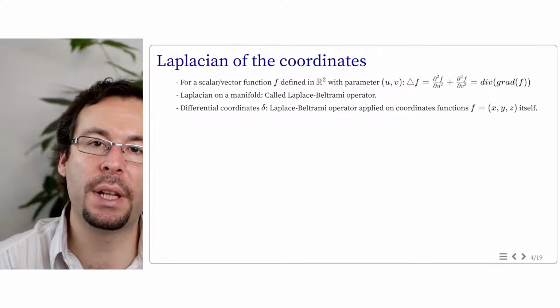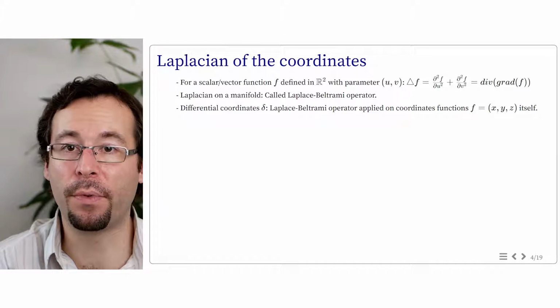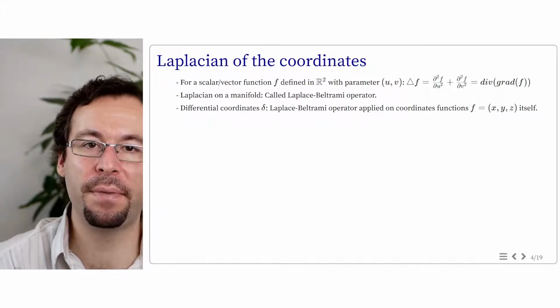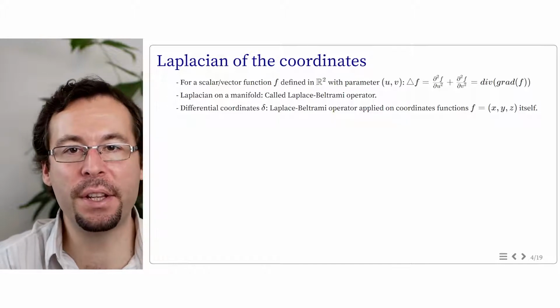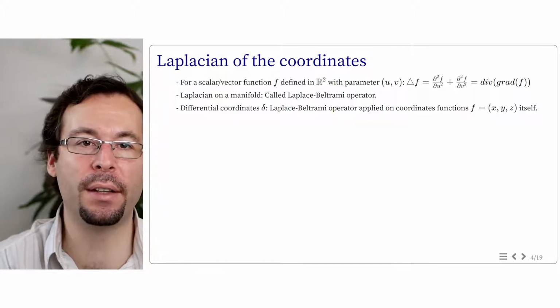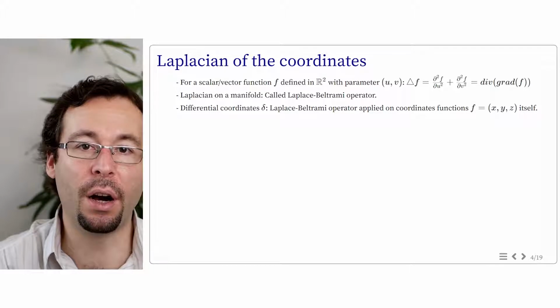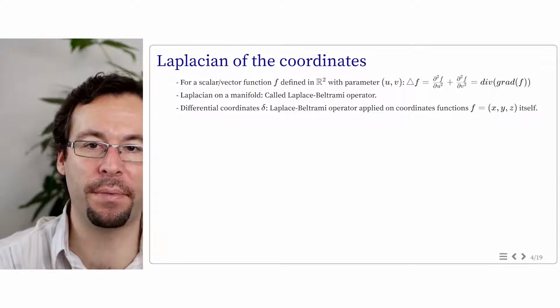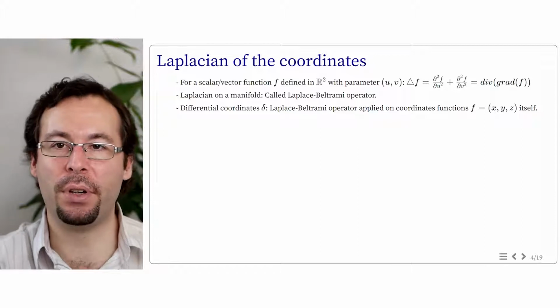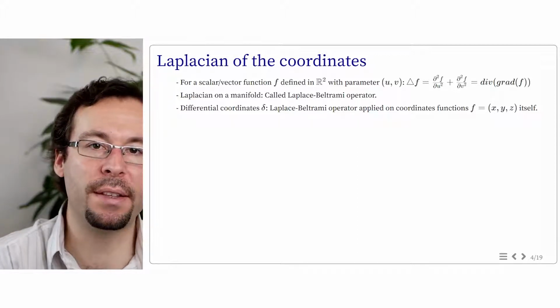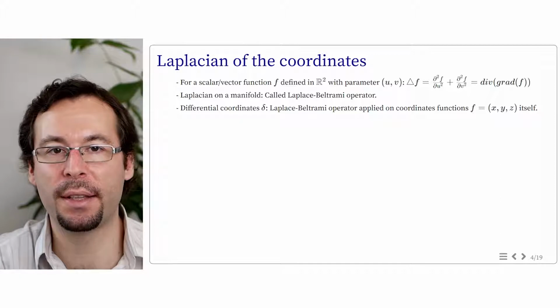Let us now describe what the Laplacian coordinates are. For a scalar function f defined in R2 with parameters u and v, we can define the Laplacian as the sum of the squared partial derivatives, or the divergence of the gradient of f. We can also extend this notion of Laplacian to a manifold, and in our case a surface embedded in 3D space.